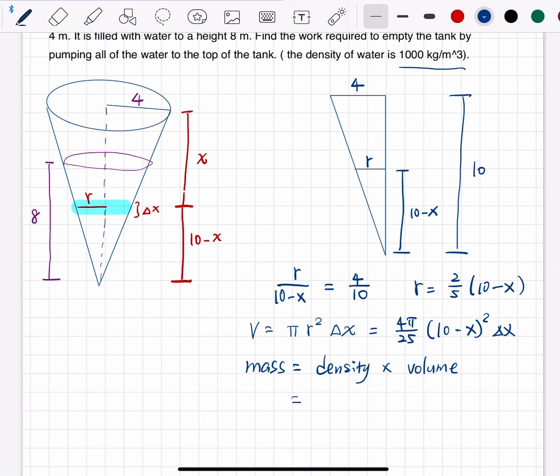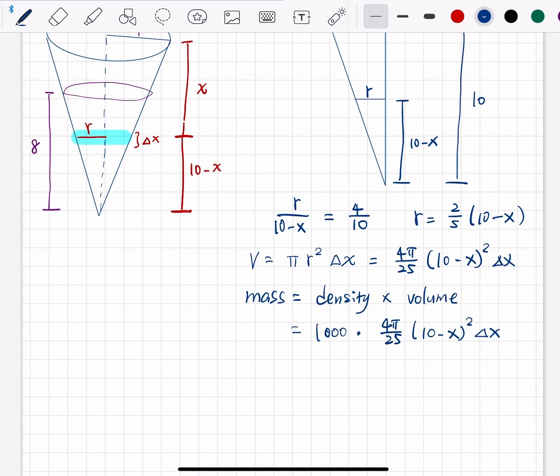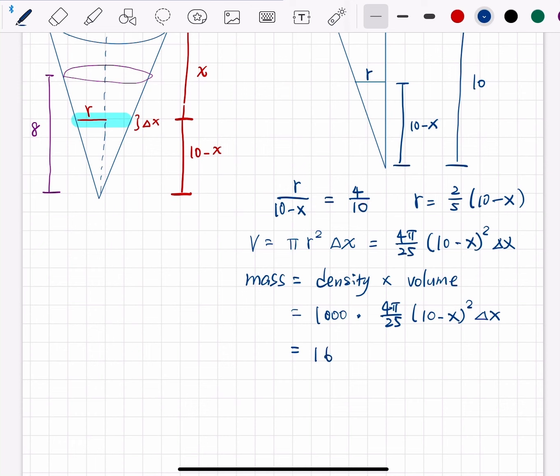So we will have 1,000 multiplied by 4 pi over 25 times 10 minus x squared delta x, which is 160 pi times 10 minus x squared delta x. Again, everything we're doing here is just for this one slice.